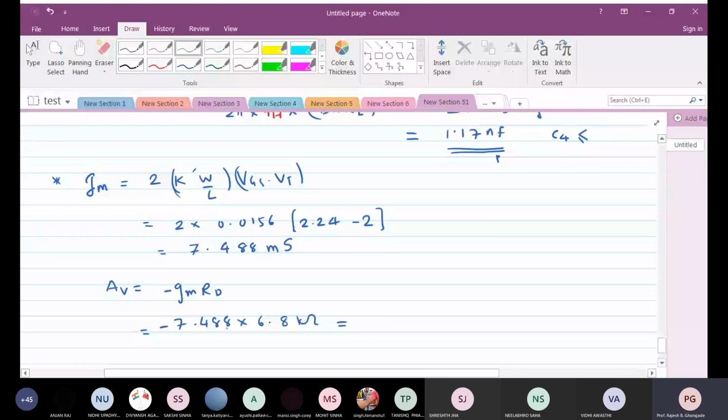Don't forget that this is millisiemens. Sir, kilo and milli will cancel. Yes, of course. Now we have to consider this minus sign. So minus 50.92. 7 into 6 is simply 42, so it is 50.92.